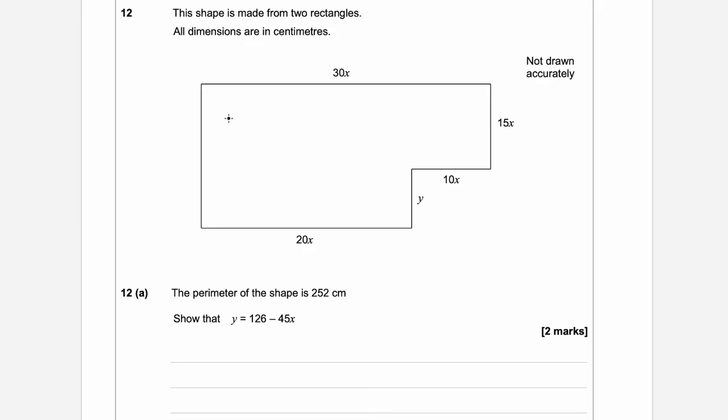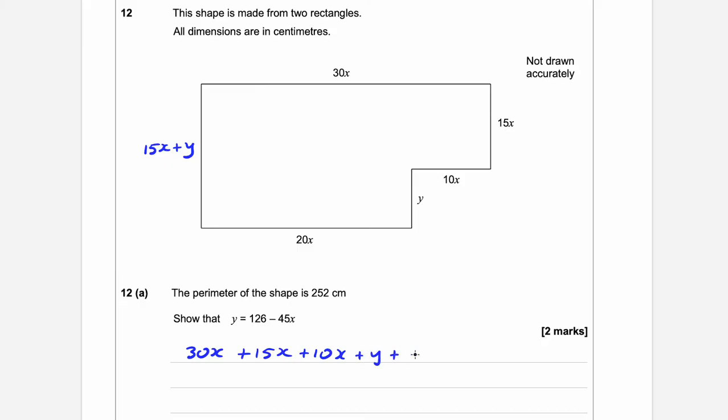This side here is 15x plus y. So we're going to say 30x. I'm just going to go around this plus this plus this plus this plus this plus this. So 30x plus 15x plus 10x. It says show that, guys, so we're going to show all our working.